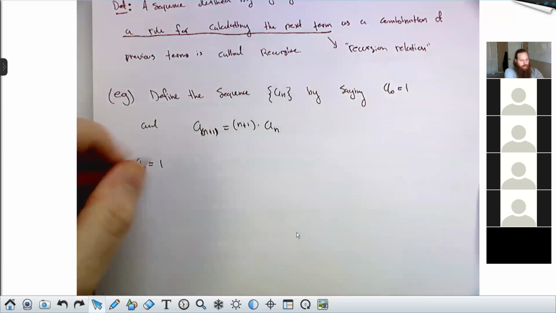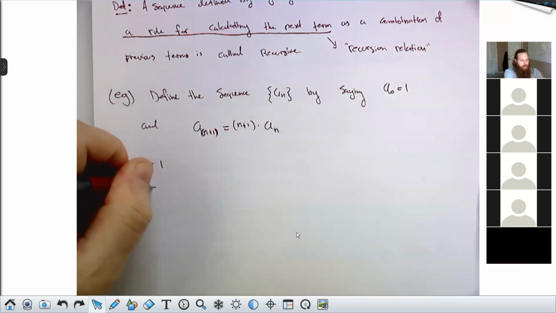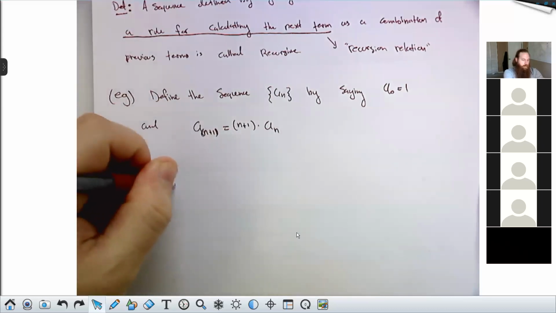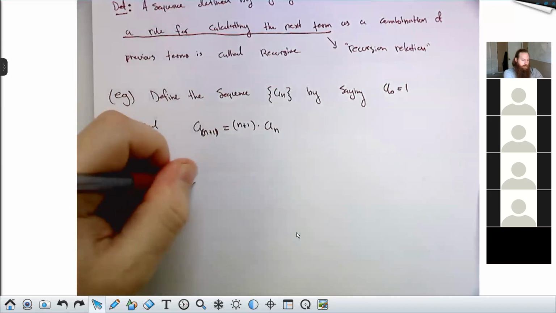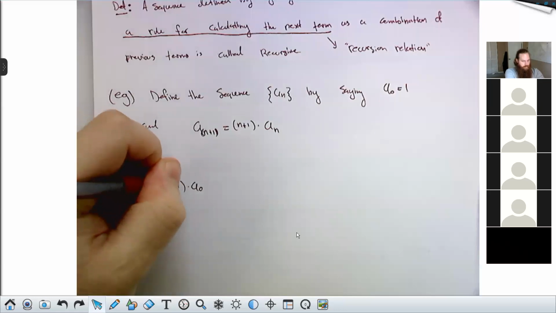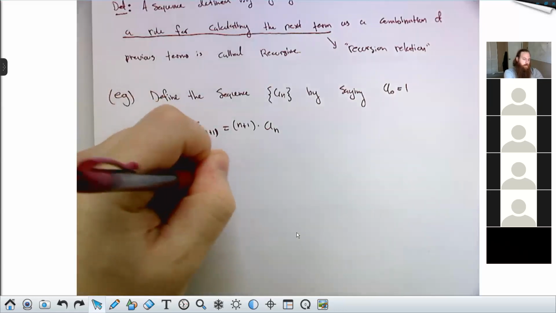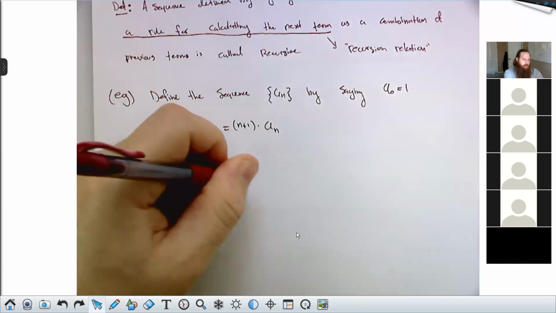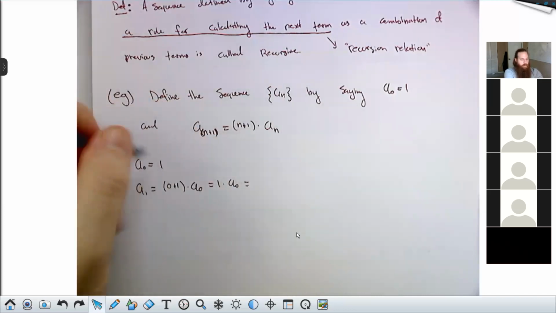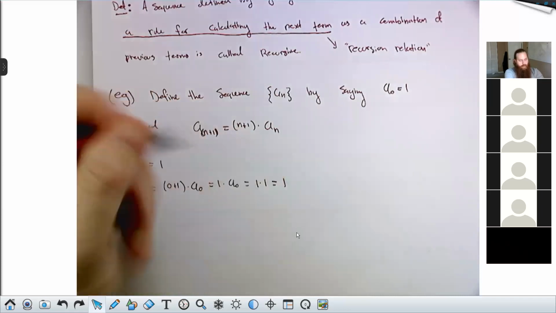So if I plug in n equals 0 here, I'll get a1 equals (0 plus 1) times a0. Now 0 plus 1 is 1, so this is just 1 times a0, and a0 is 1. So this is just 1 times 1, which is still 1.